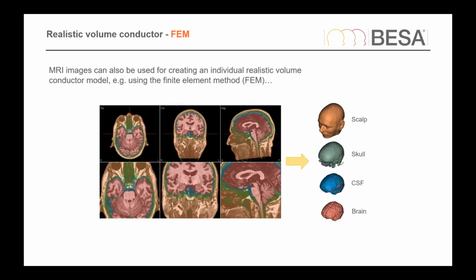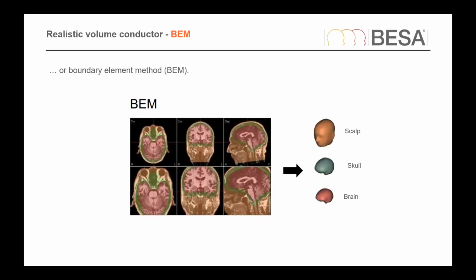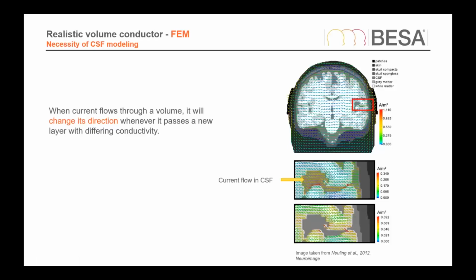So we can do this directly if we have the anatomy available. And we can also do a boundary element model calculation, which again has the brain but no CSF: brain, skull, and scalp in this scenario. About the CSF, why would we bother modeling it?